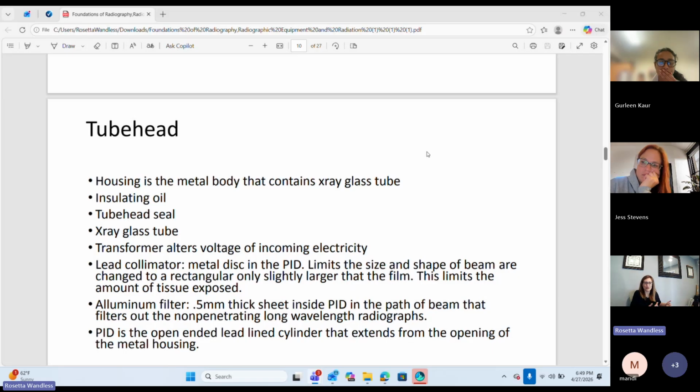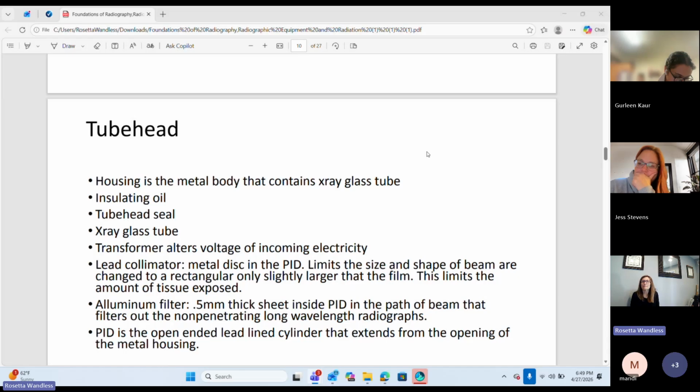It's literally a transformer, going from one amount to another. Let's say it comes in at 110 volts. It's going to step it down to 10 so that our homes, and in this instance our X-ray machine, have the right amount of volts, not too much to burn out all of our equipment.